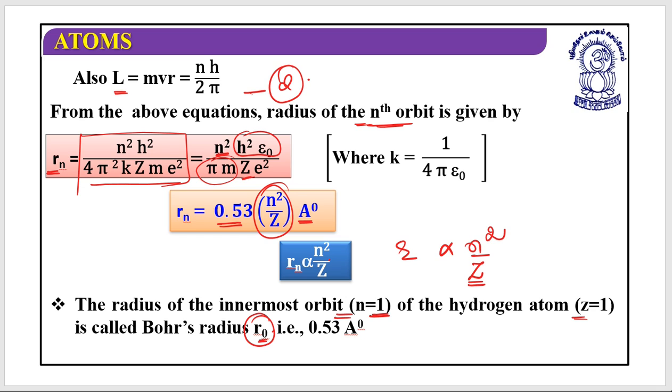One more thing, when I say n, it's the orbital number, or we can say the principal quantum number. When we say it's the ground state, then it will be n equals to 1. If it's the second orbit, you will say n equals to 2.